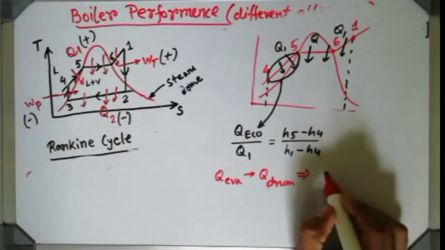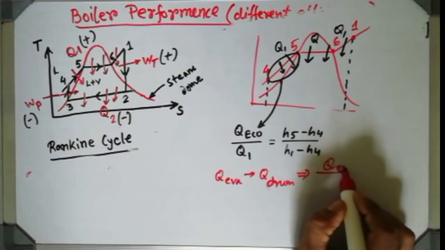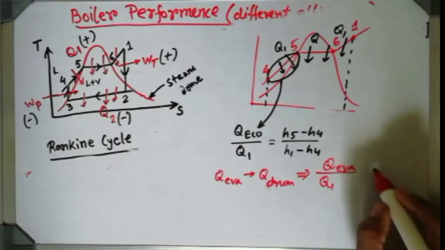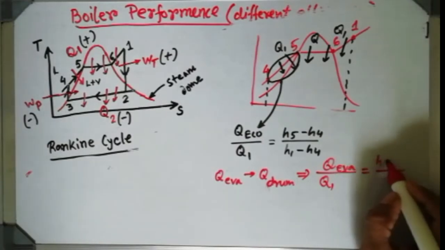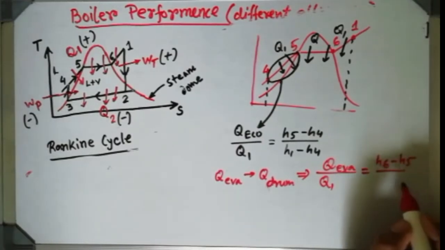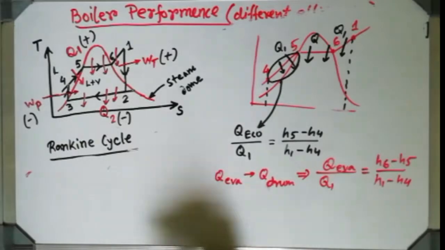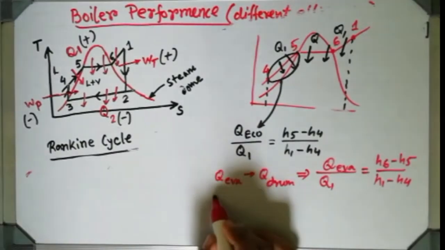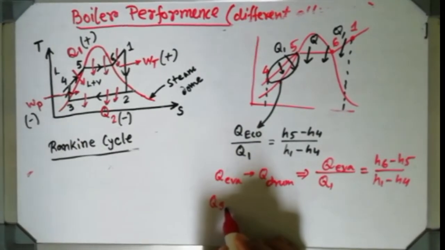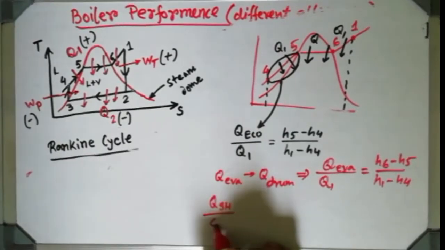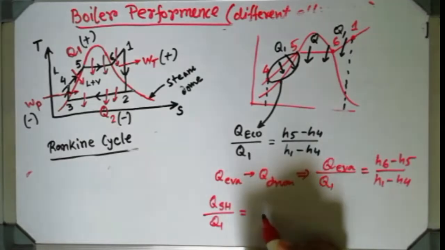So Q evaporator by Q1 can also be found out. I am making the same kind of comparison here. I can write the same thing: H6 minus H5, the final enthalpy minus the initial enthalpy, by the total amount of heat supplied, that is H1 minus H4. Very easy. Then coming to Q superheater, which can be written as SH, where SH stands for superheater. Again I am making the same comparison with the total amount of heat supplied.